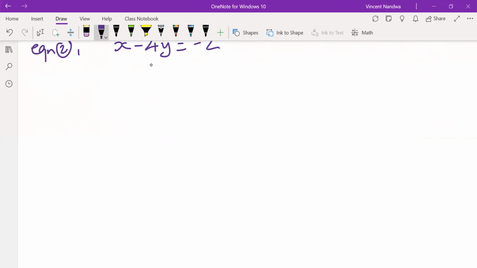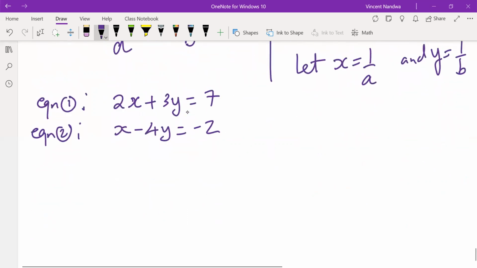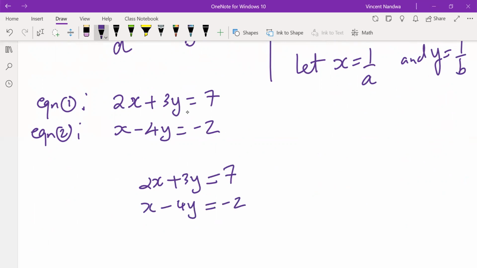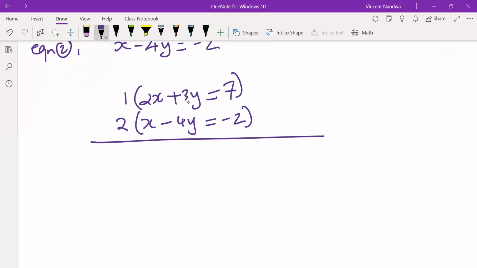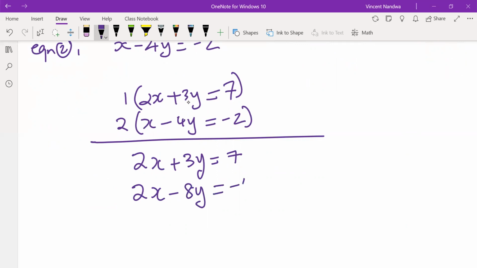So now we have 2x plus 3y equals 7, x minus 4y equals minus 2. So multiply by 1, multiply by 2. So we want to eliminate x, so that we get 2x plus 3y equals 7, 2x minus 8y equals minus 4.